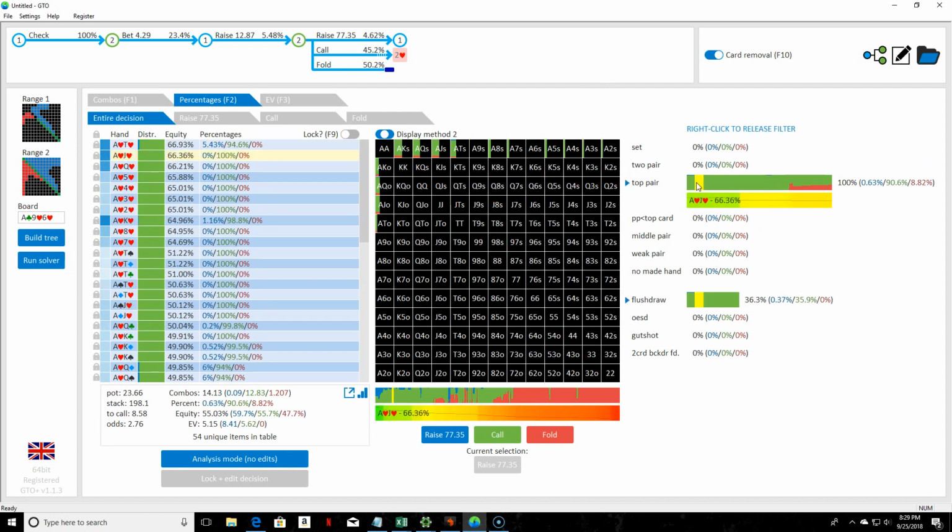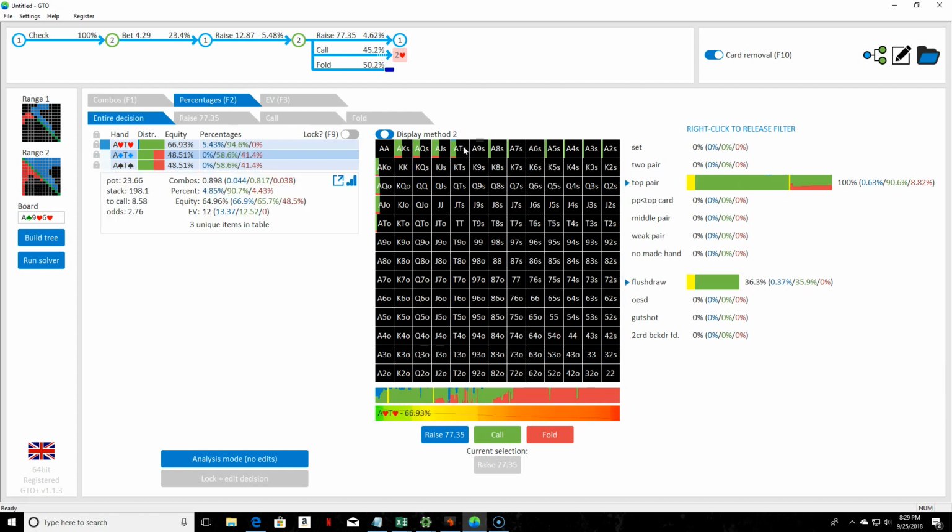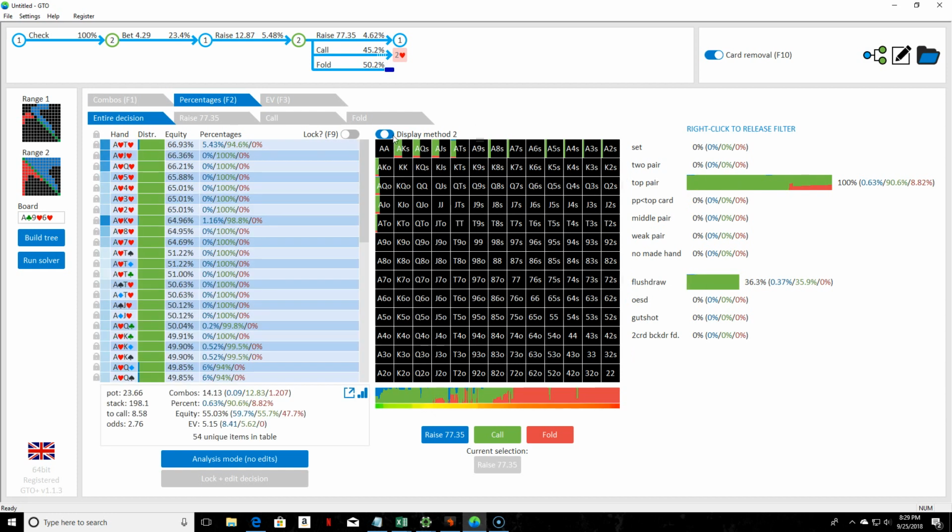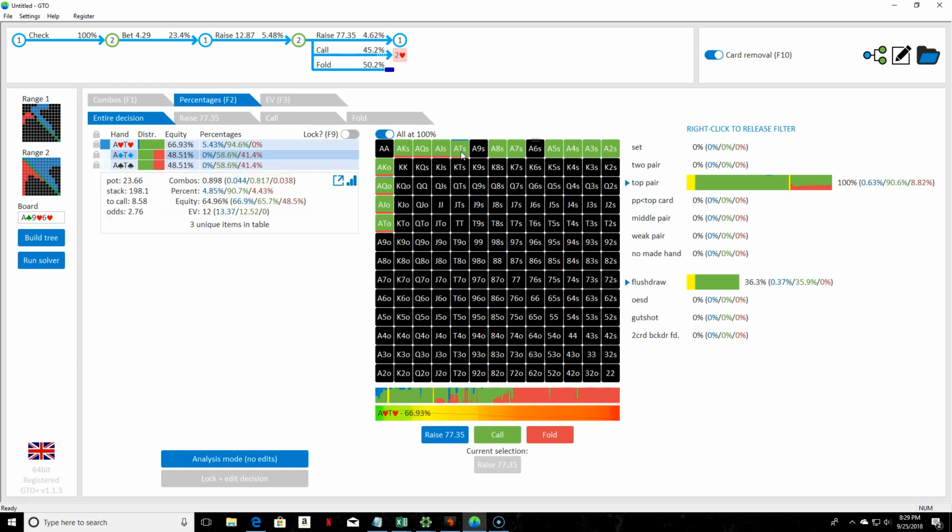Some top pair hands we'd be folding. So let's see. You can see them briefly here. So sometimes you could be folding the top pair hands that don't have any implied odds, so no backdoor equity.